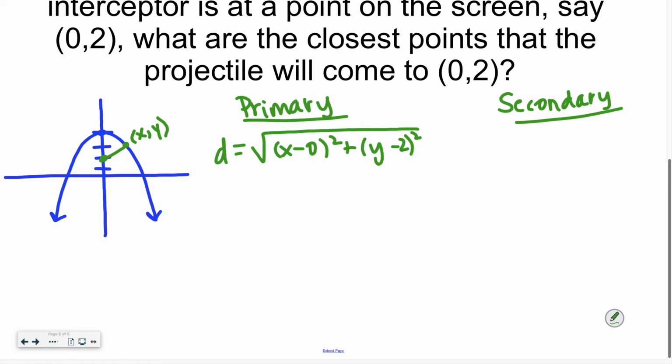Well, that's just a number. I need an equation. We know that y equals 4 minus x squared.